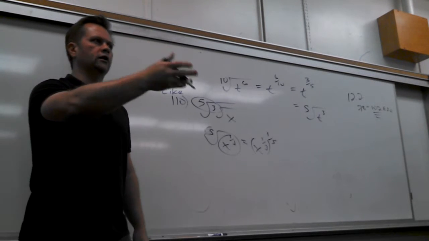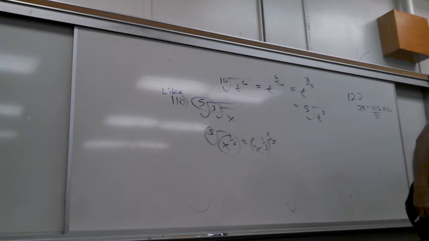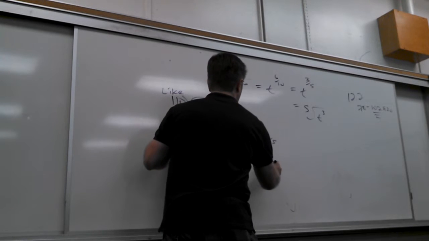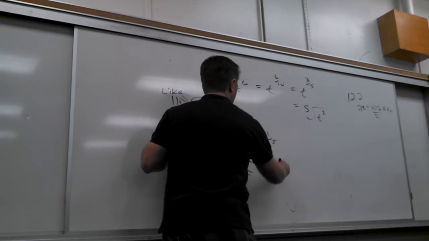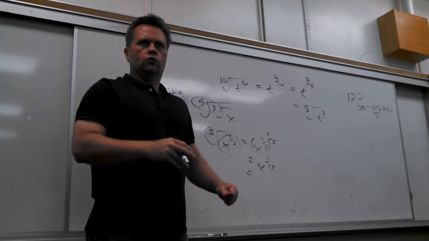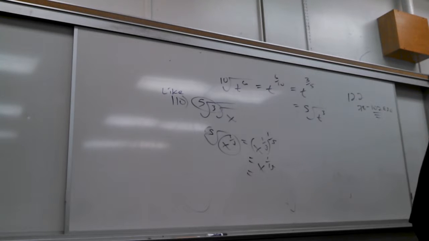They're both the same, but it depends on what they ask. In this one it says do not use fractional exponents, so you have to come back to the 15th root of x. Cool. And then 125. All right.